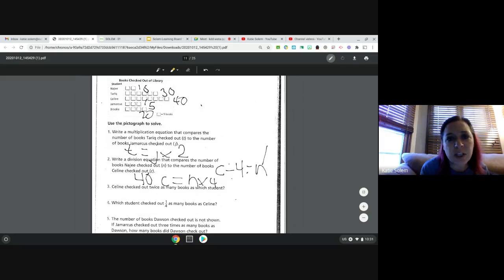I know these are tricky, and that's why we're going over this page together. The other pages that you'll be doing on your own are not these kind of comparison with variables. I just wanted to let you see what these look like, and then we'll move on to ones that you can do more independently. Number 3, it says Celine checked out twice as many books as which student?